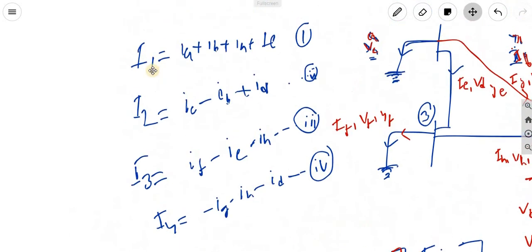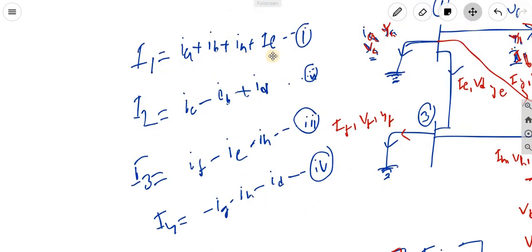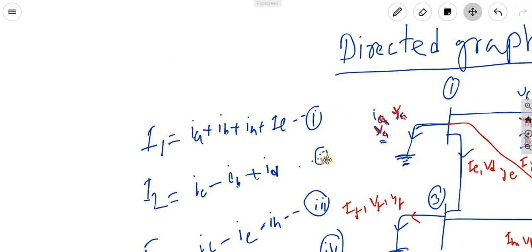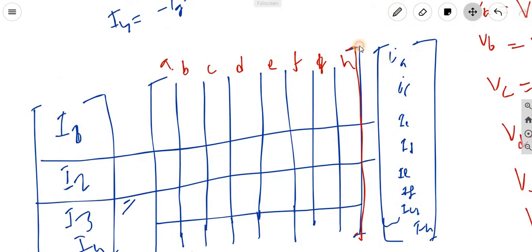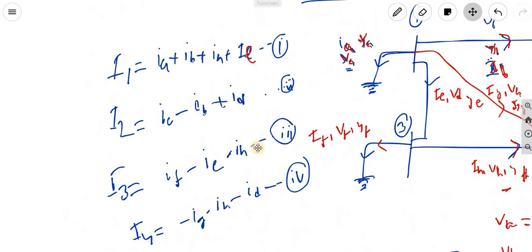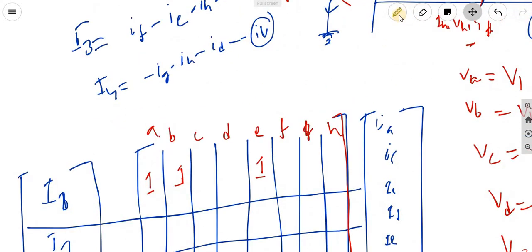So for the first equation A, B, H. H, it is not C, it is E. So it would be positive 1. A, B, A, B, E, H.